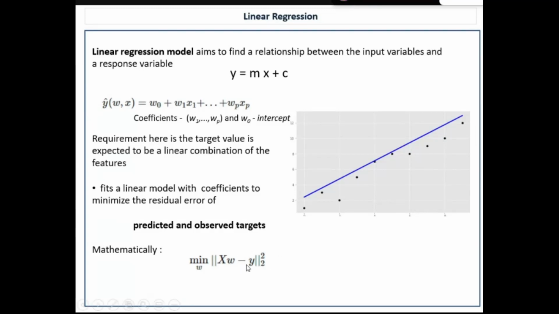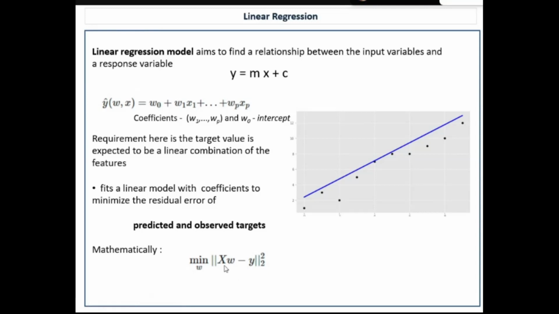This difference is found in terms of a norm. We had a very good explanation about norms by the professor. Here the norm 2 is taken, and it's also a residual difference, which means it's a subtracted value, and then it is squared, and this particular norm is expected to be minimum.